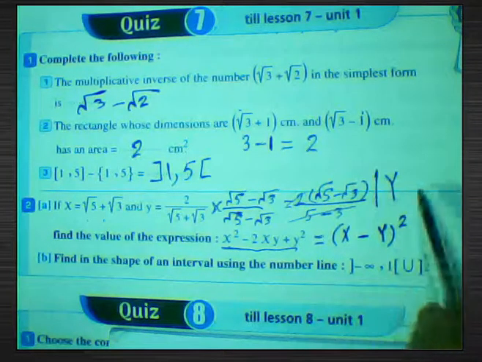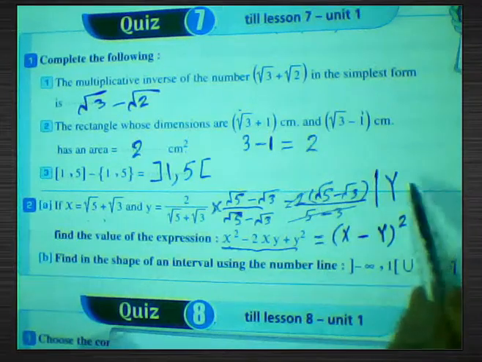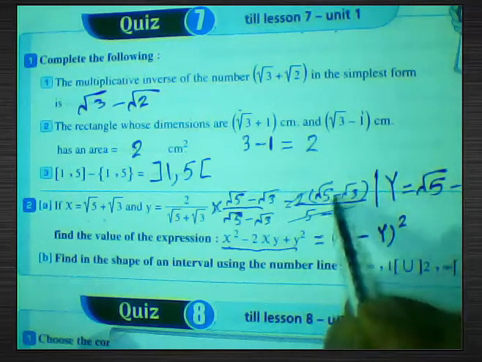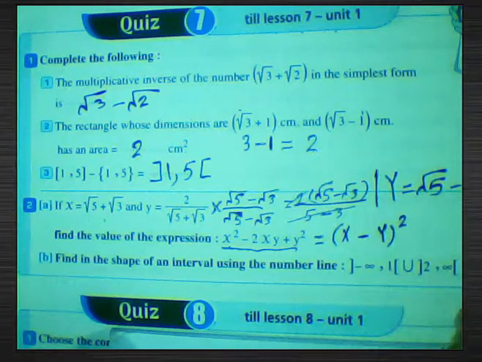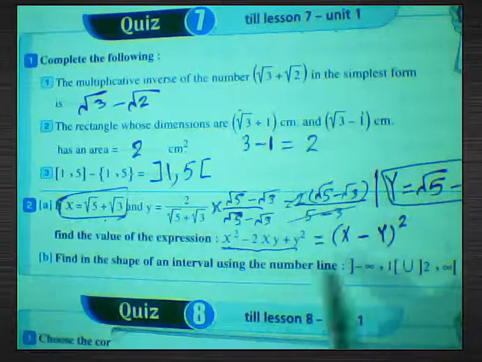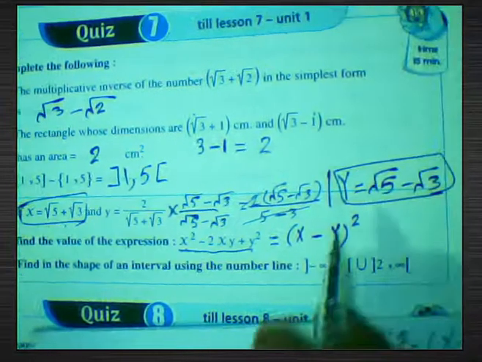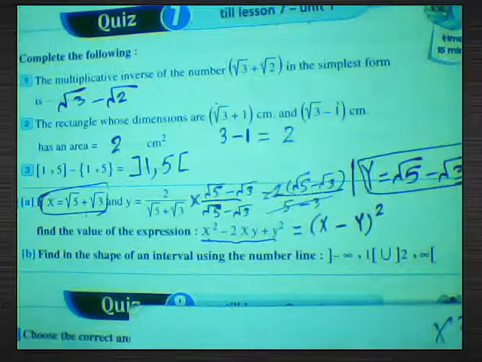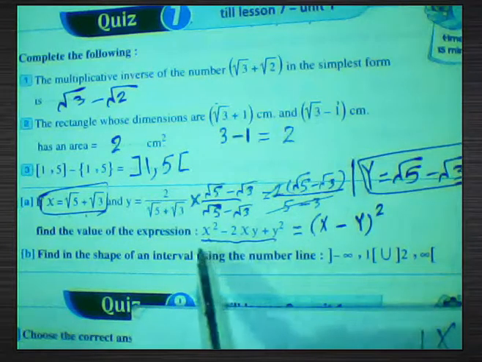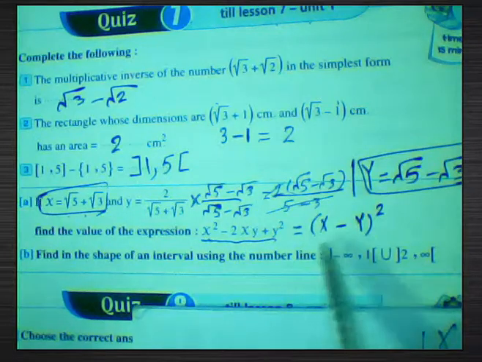So we have x and y. X equals square root of 5 plus square root of 3, and y will be square root of 5 subtract square root of 3. We want to find x subtract y in parentheses to power 2. We know this property: x power 2 subtract 2xy plus y power 2 equals x subtract y in parentheses to power 2.